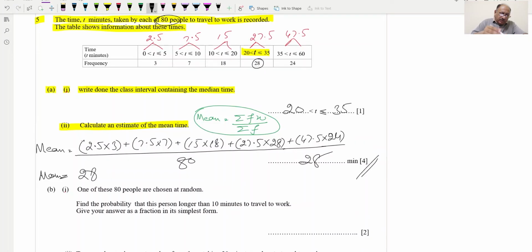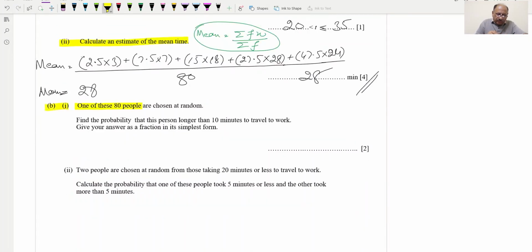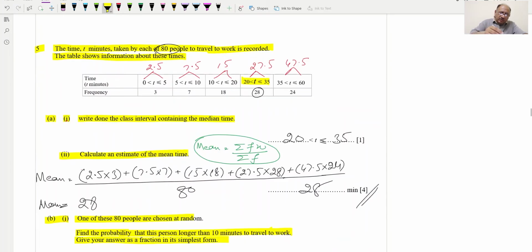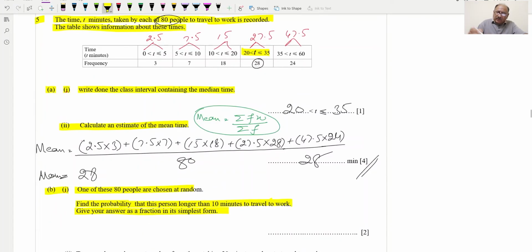Now part B, part 1. One of these 80 people is chosen at random. Find the probability that this person takes longer than 10 minutes to travel to work. Give your answer as a fraction in its simplest form. Longer than 10 minutes are these three numbers: 18, 28 and 24.